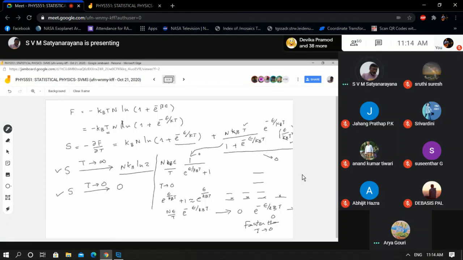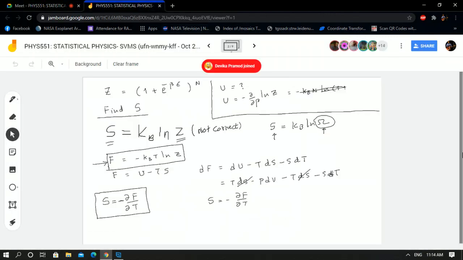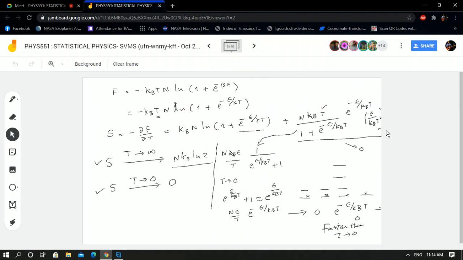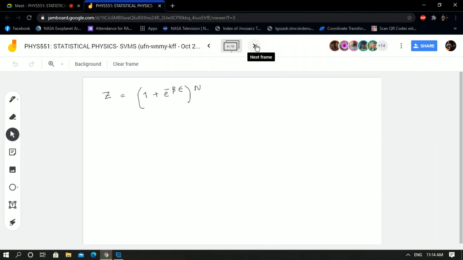Now we have z is equal to 1 plus e to the minus beta epsilon raised to the power n. This is our result of statistical mechanics, so we are already starting with this. Now we know that the internal energy is given by minus dou beta of logarithm of z.